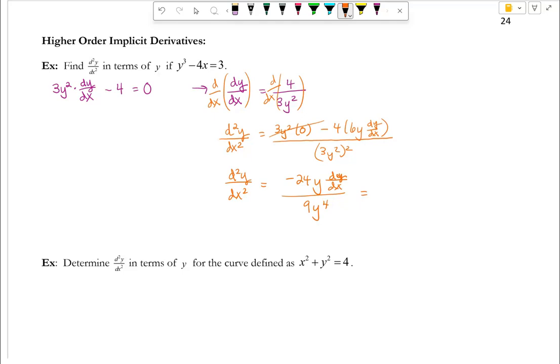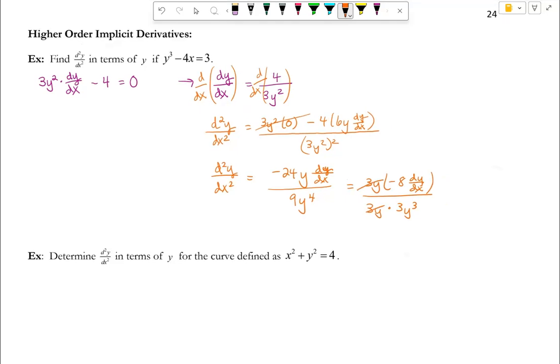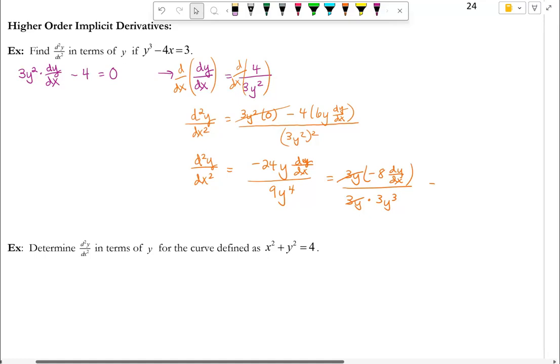I could think of this as 3y times negative 8 dy/dx over 3y times 3y cubed. All right, so we end up getting negative 8 dy/dx over 3y cubed.